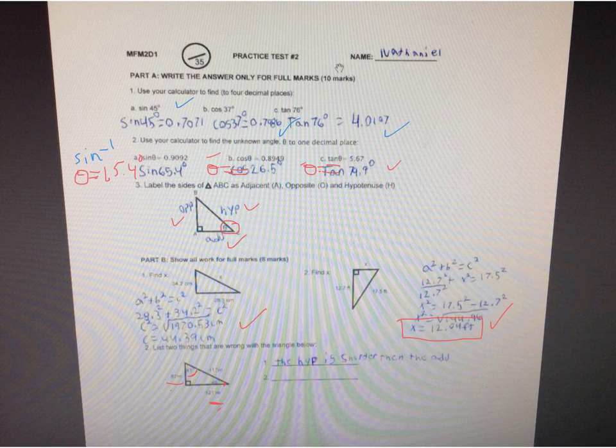And so that's what we're looking for, that we don't have the smallest angle across from the largest side. So that's what I was looking for in your second part of point B.